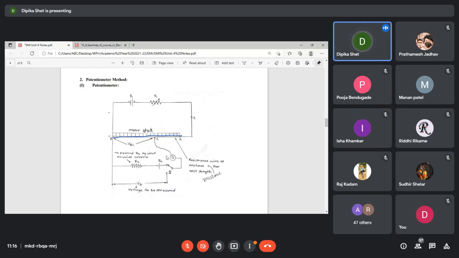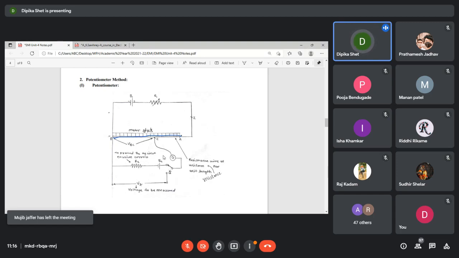So this is the construction: this is the primary circuit and this is the secondary circuit, and the galvanometer G is connected between the primary and secondary circuits.